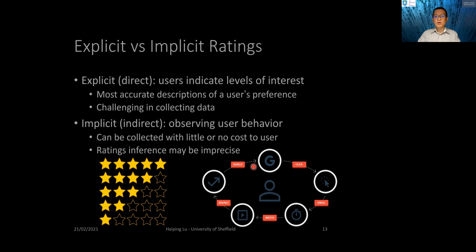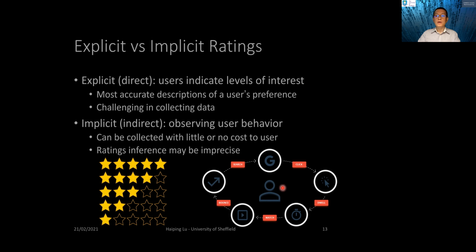Implicit ratings include actions such as whether you search for an item, whether you click on certain items or links, or how much time you spent watching a video, and so on. So they are imprecise.